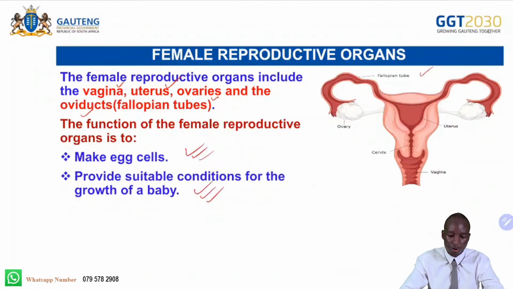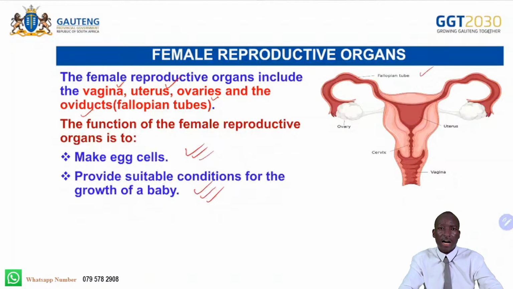So that's where the babies are grown, in the uterus, until baby time comes, which means until the gestation period is over. The female reproductive system is the one which provides suitable conditions for the growth of the baby.